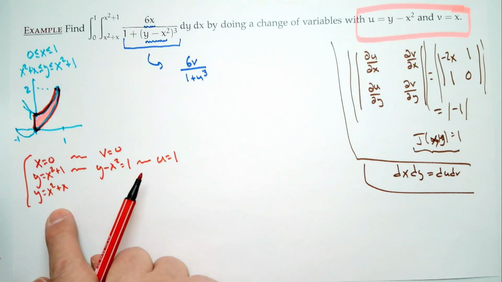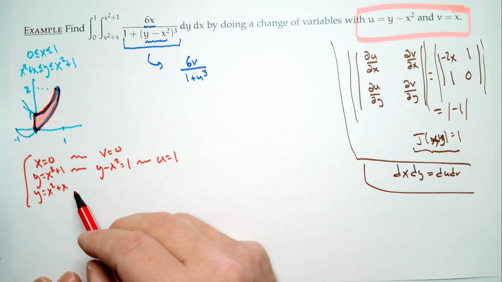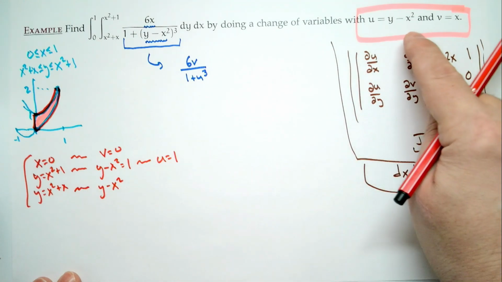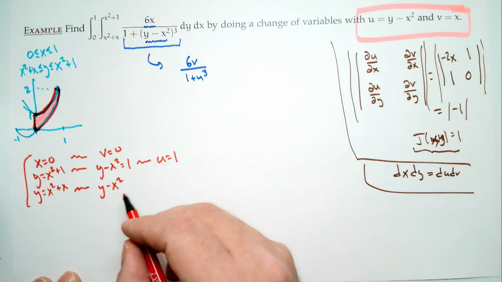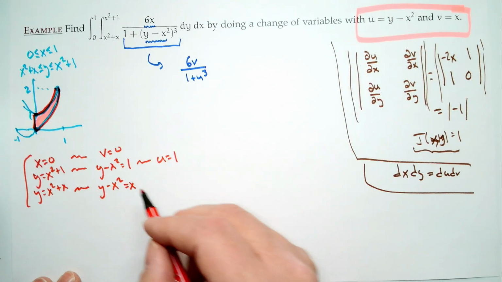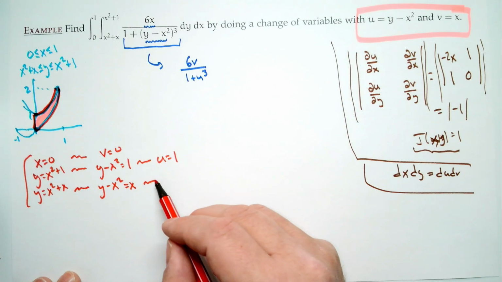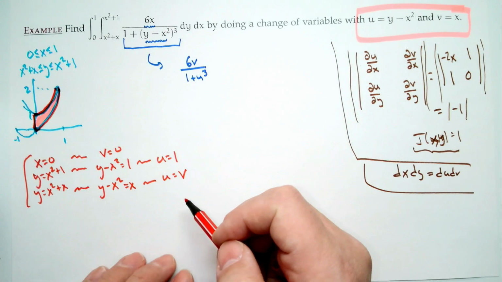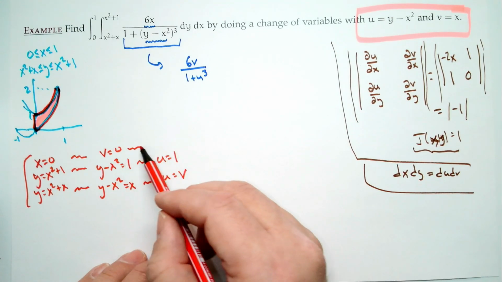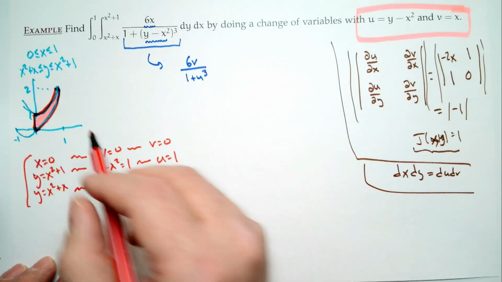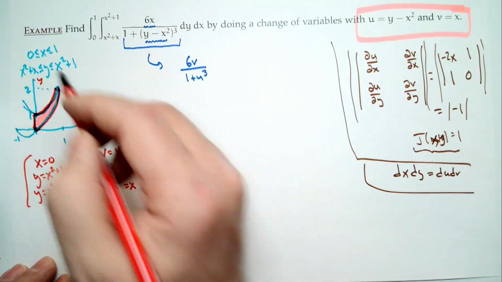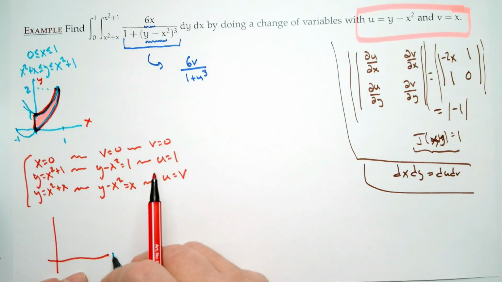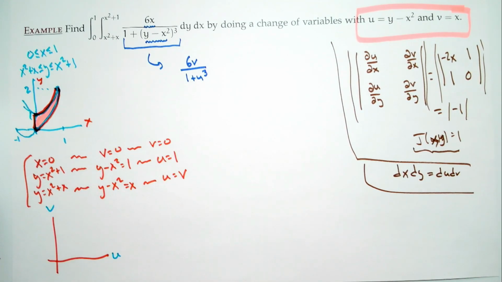Now how about y equals x squared plus x? Well, let's subtract the x squared again, because we like y minus x squared. So you get y minus x squared equals x. What does that become? U equals v. So that says that my boundary curves in my uv plane, so this is my xy plane, so when I go over to my uv plane, I have the three curves.